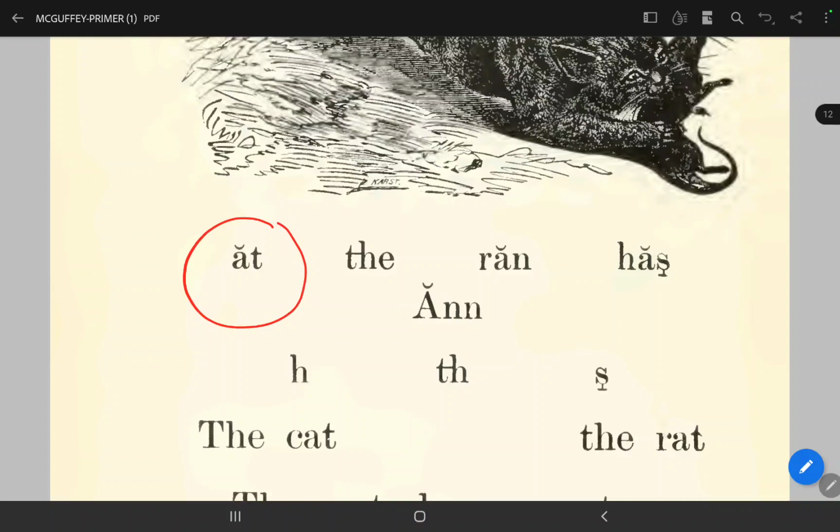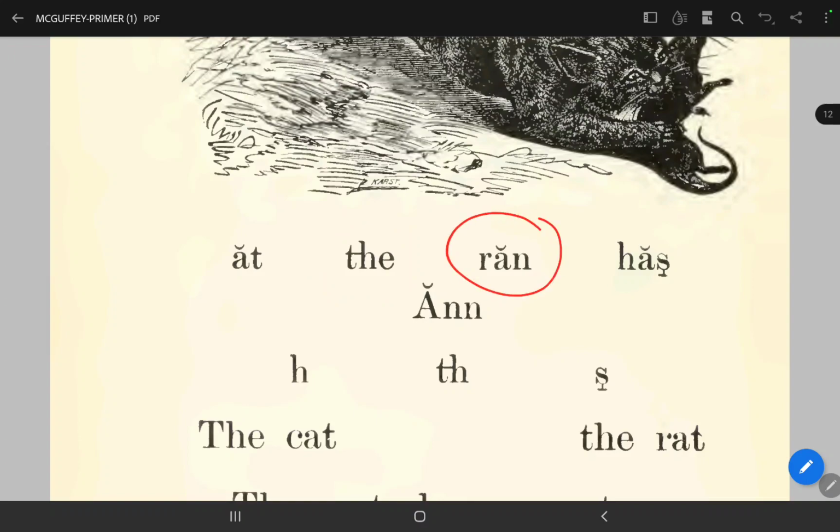A with a T. This is at. A-T, at. A-T, at. The next word, T-H-E. T-H-E is the. Whenever you see T-H-E, say the.